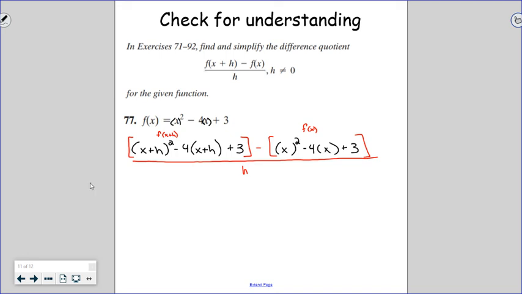Okay? And then it's the whole cleanup process. Write this twice and FOIL gives us an x squared plus 2xh plus h squared. Distribute the negative 4 through, minus 4x minus 4h plus 3. My second function, I have to take this negative and distribute it through to all of those terms.